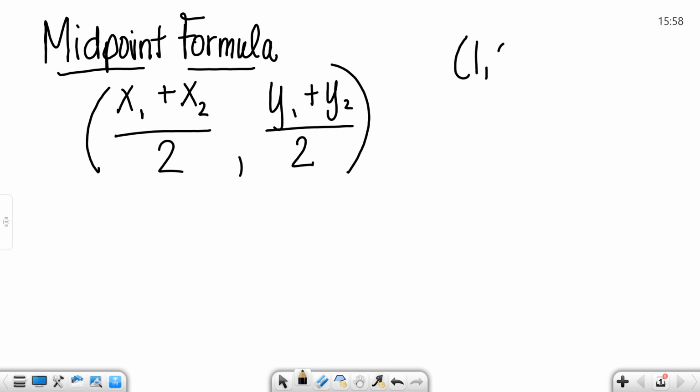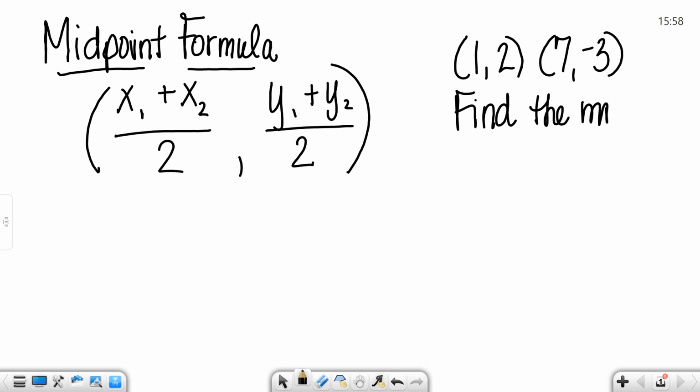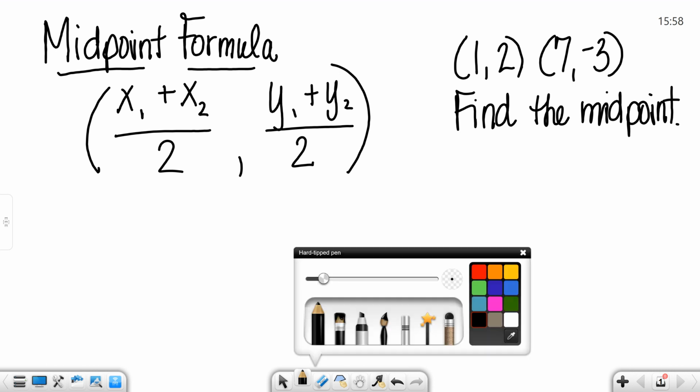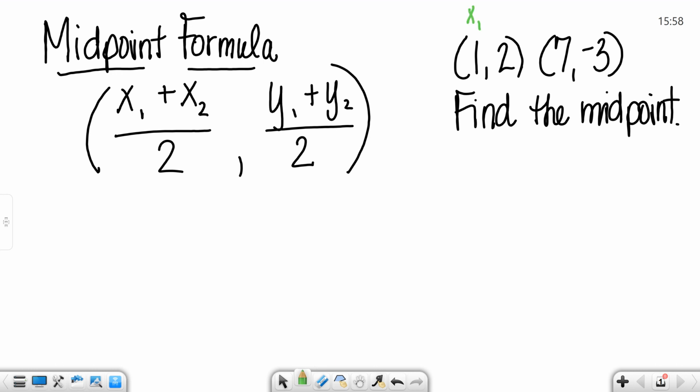So if I gave you these 2 ordered pairs, and I said, find the midpoint. That would literally mean the point in the middle. Again, the first thing I want to do is probably label my ordered pairs. x1, y1, x2, y2.